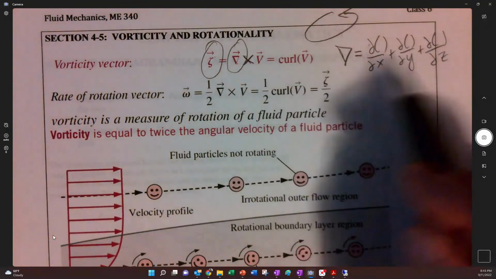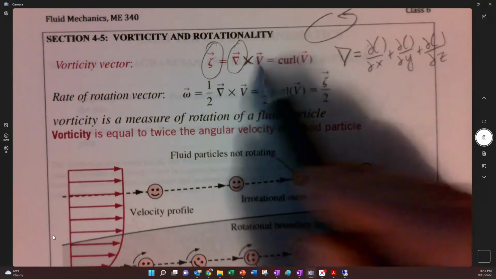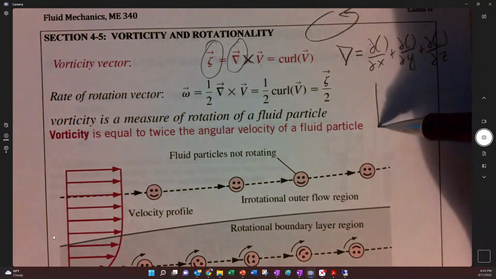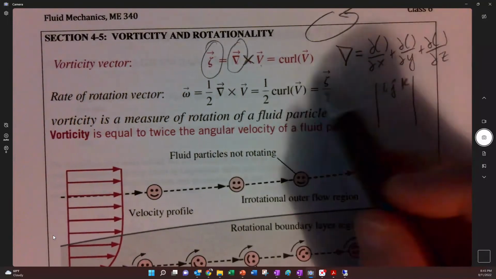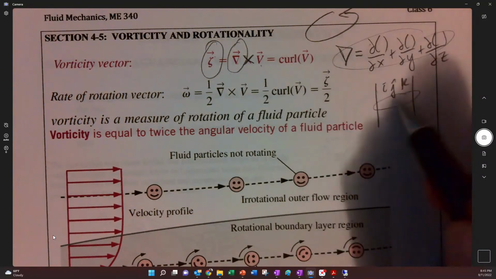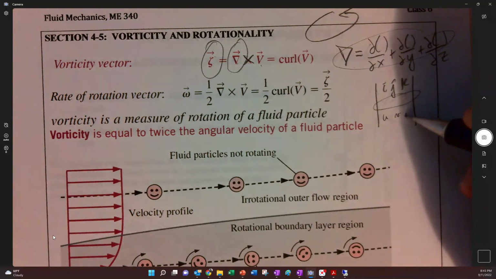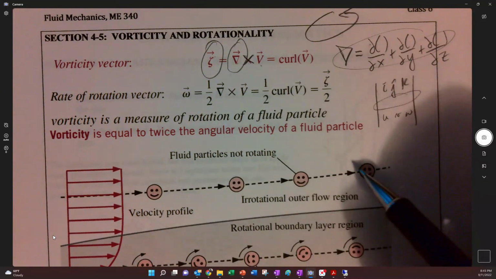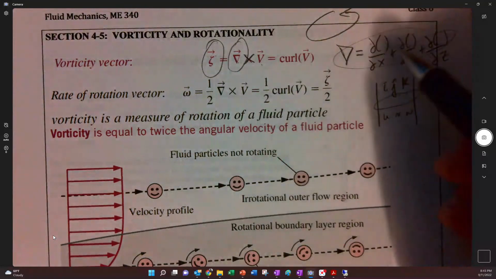You apply this against the velocity vector, and when you do that, we're going to set up a matrix where you go i, j, and k, and then you set up this operator in this column, and then you set up the velocity, the u, v, and w across there, and you take the determinant, and of course the right-hand rule is going to give you what the spin is going to be.